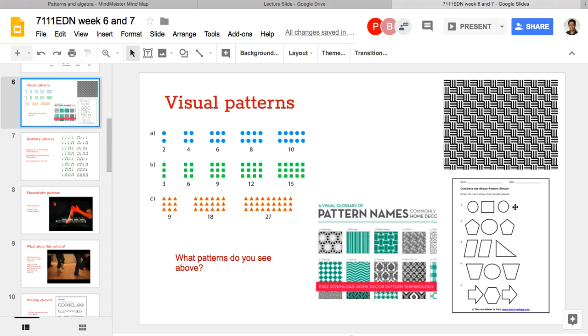While these are drawings, more than likely the way that you'll introduce this to students is with concrete circles, actual circle counters and square counters. This is where you get your geometric shapes out. So you've got a pentagon, followed by a circle, followed by a pentagon. What would be the next shape?